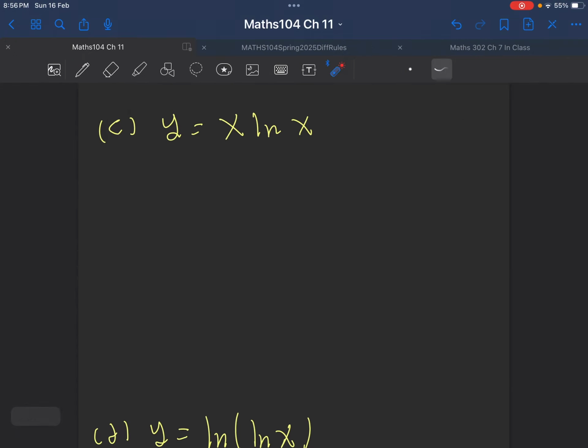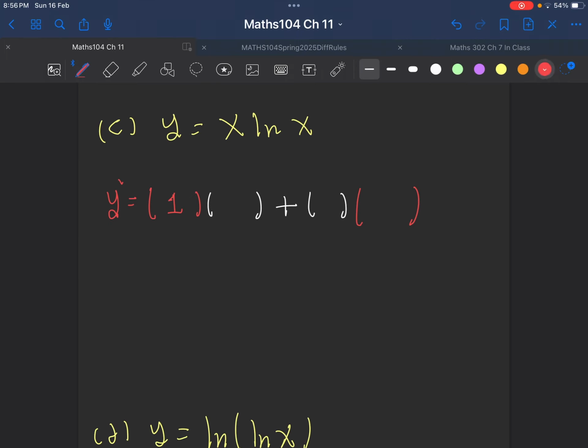In this question here, we need to use the product rule. So we have y prime equals derivative of first times the second plus first times derivative of the second. Now, first of all, what is the derivative of x? We need to write it here, and the derivative of x is just 1.